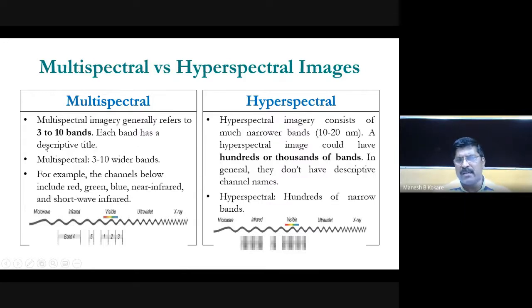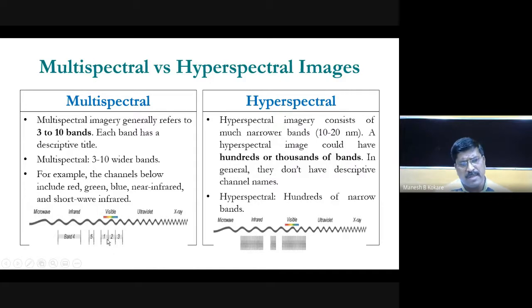Just to summarize it: multispectral images contain fewer bands, 3 to 10 or 12, whereas in hyperspectral there are 100 to thousands of bands. Second, in multispectral the bands are wider, whereas in hyperspectral the bands are narrower, and the size of each band is 10 to 12 nanometers. In the multispectral case, within 300 to 700 nanometers there are basically 3 bands.